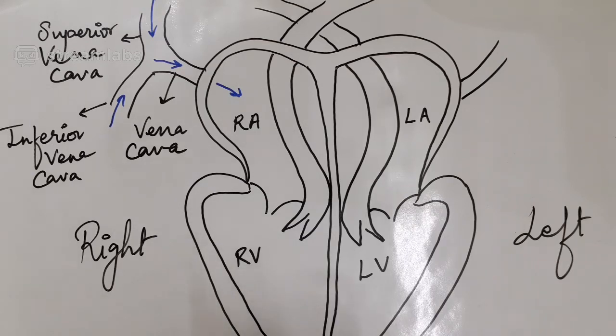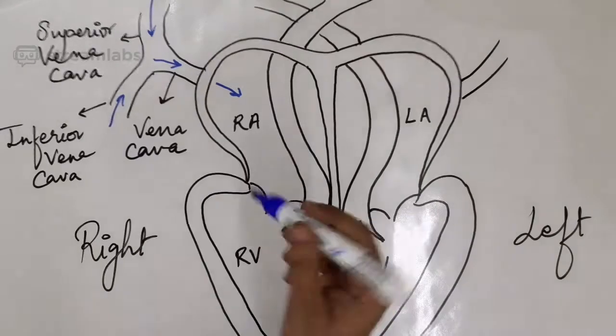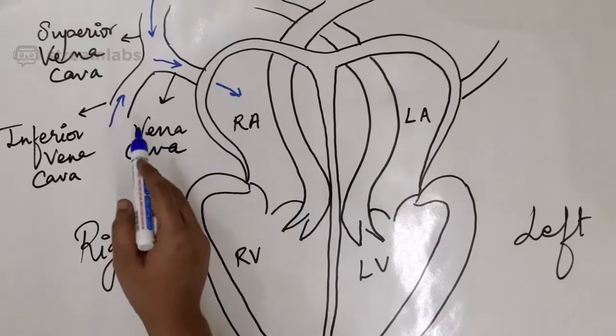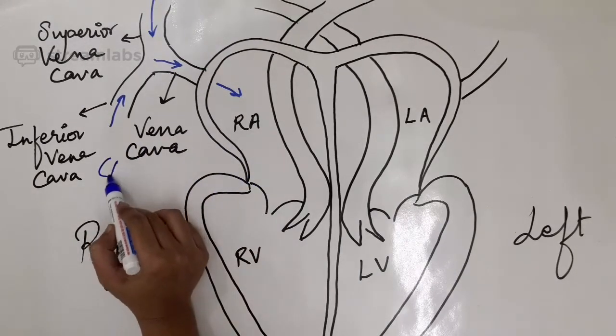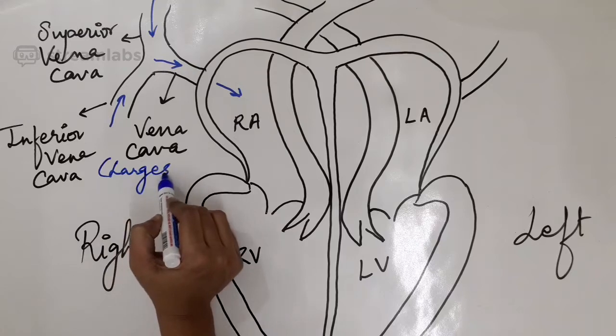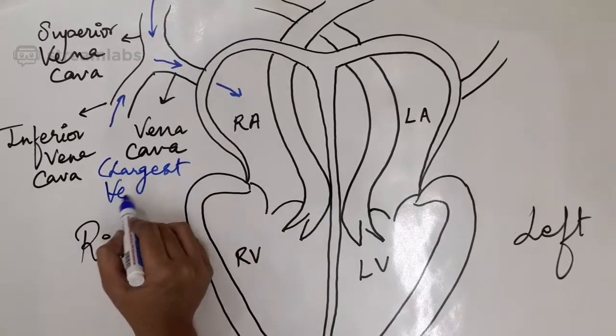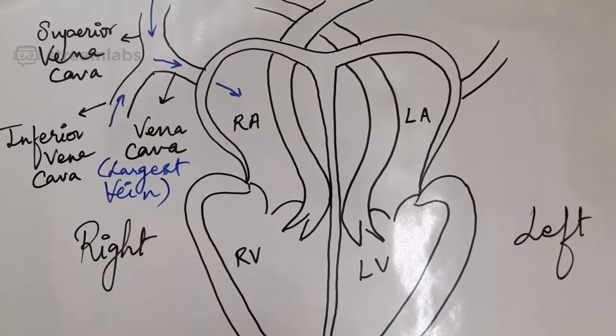The superior and inferior vena cava are the main blood vessels carrying impure blood from different organs of the body into the heart, and it is also the largest vein carrying blood into the heart.